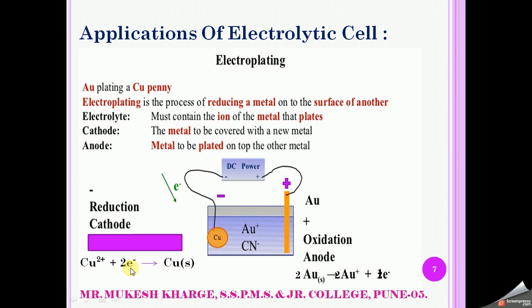Cu2 plus carries 2 electrons, so balancing the previous reaction we write 2 Au gives 2 Au1 plus plus 2 electrons. So this is the positive anode and this is the negative cathode.